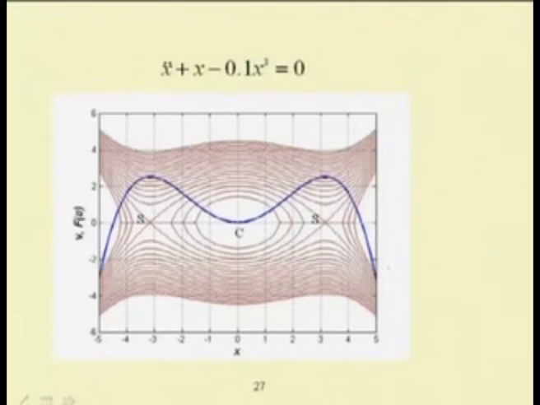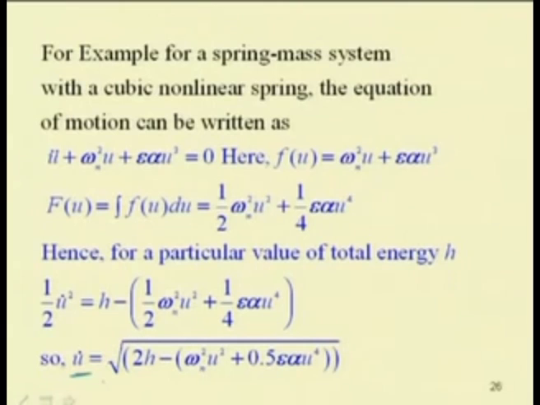You can observe this by taking a point higher than the potential function. Let us come back to this equation: this is h minus capital F. If the potential function is greater than the total energy of the system, then the system will not move.